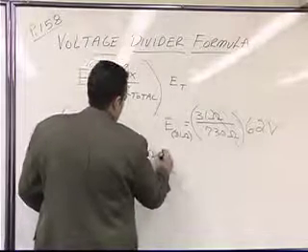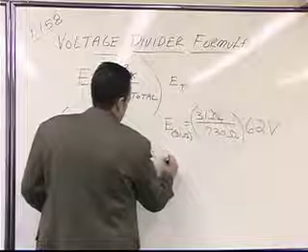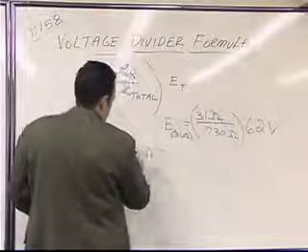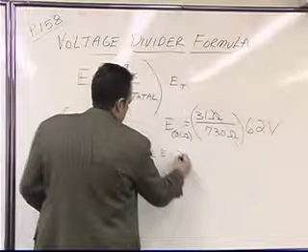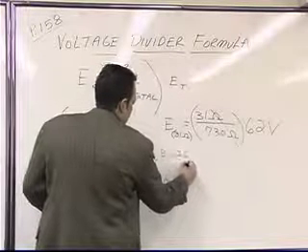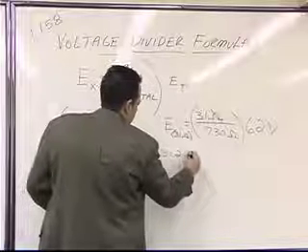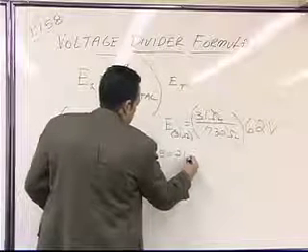So the voltage drop right here across this resistor is what? 2.632? Yeah. Okay.